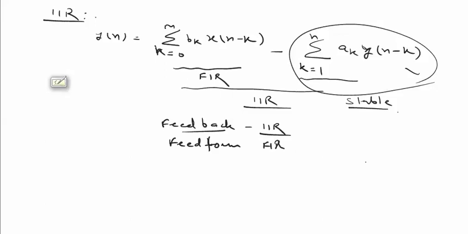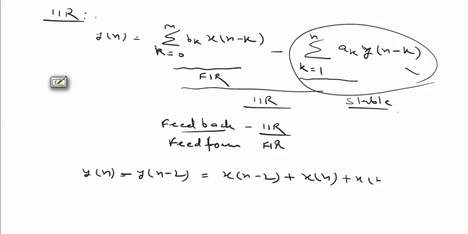For an FIR filter we delay only the input. If we delay the output signal and input signal and combine them with the current value to generate output, it is known as an IIR filter. Such information is required to solve the questions. For example, y[n] plus y[n minus 2] equals x[n minus 2] plus x[n minus 3].